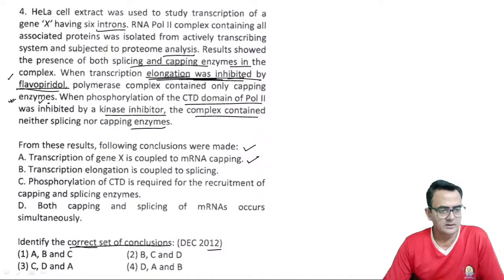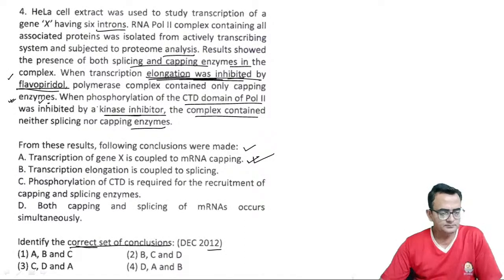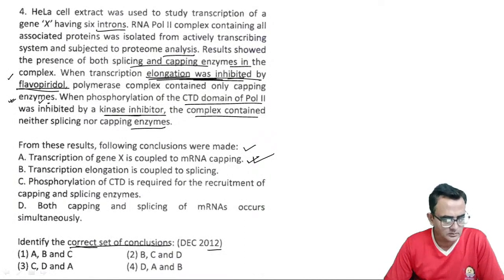Like here, inhibited by the kinase, both capping as well as splicing enzymes are not found. So this suggests the transcription of the X gene is always coupled with mRNA capping. Here also, if they are treated with flavopiridol, they still have the capping enzymes. So both are a simultaneous phenomenon. So this is correct.